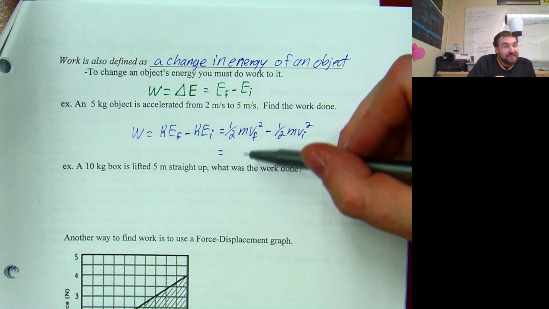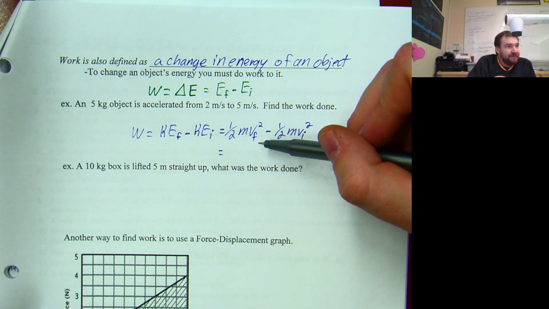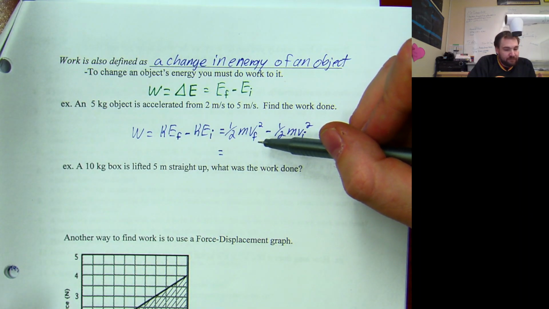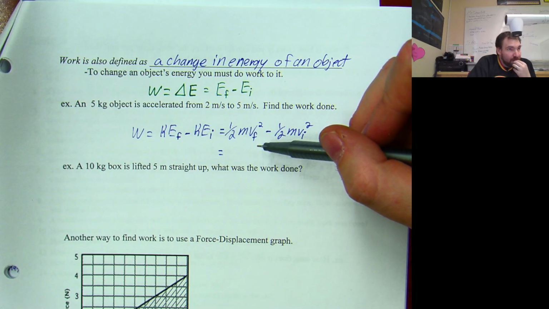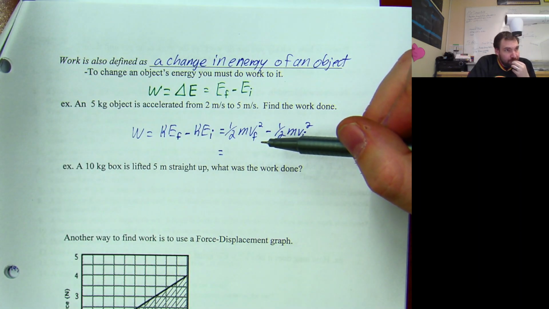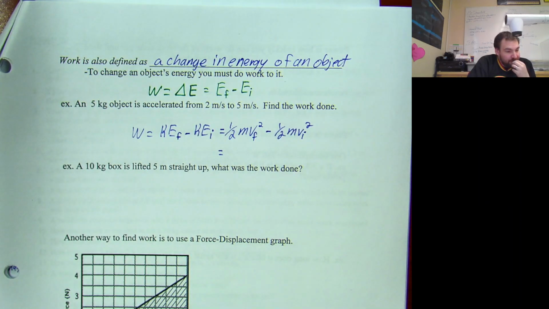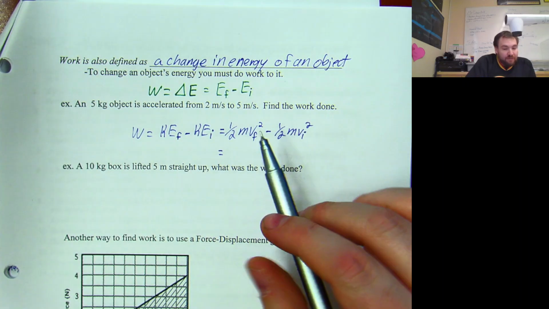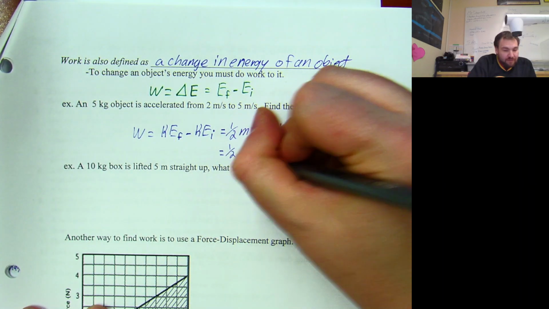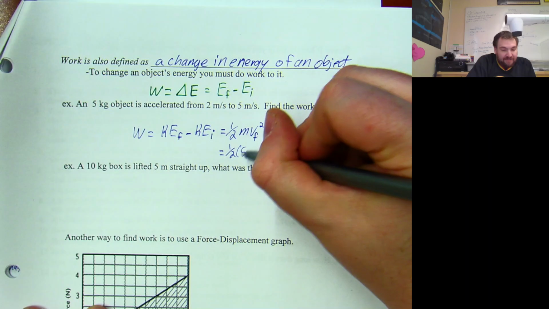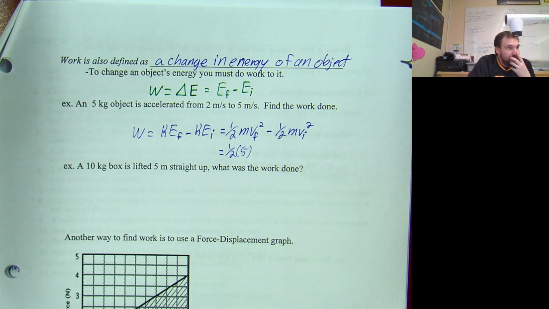So at the end of this thing, how much kinetic energy does our object have? Well, 1/2. The mass of my object was 5. How fast is the object moving at the end? 5 meters per second.